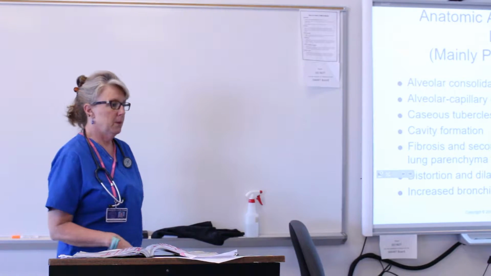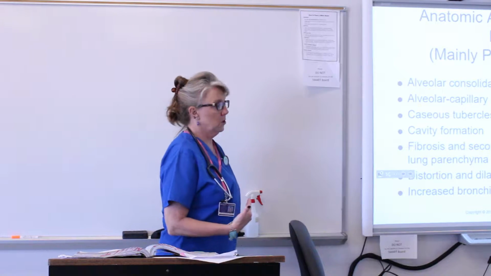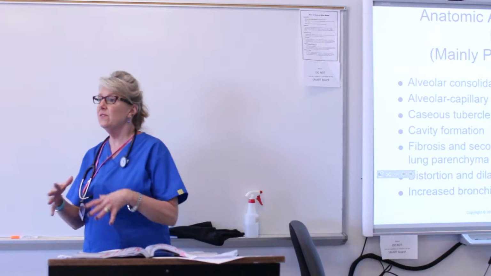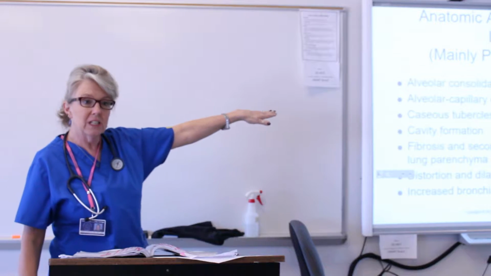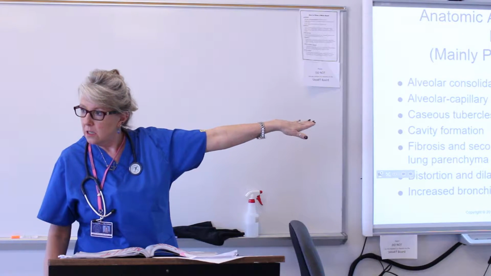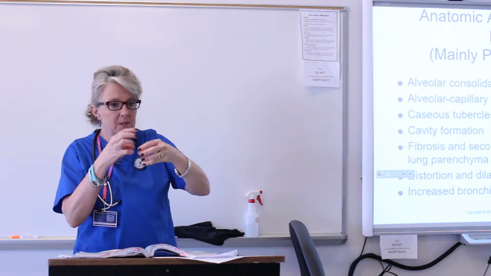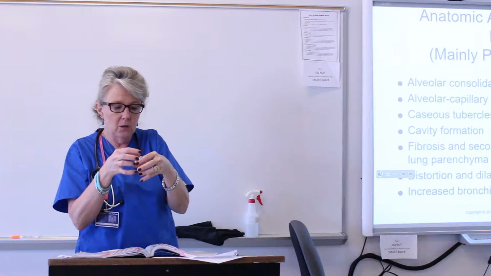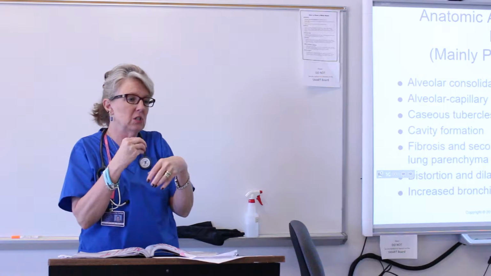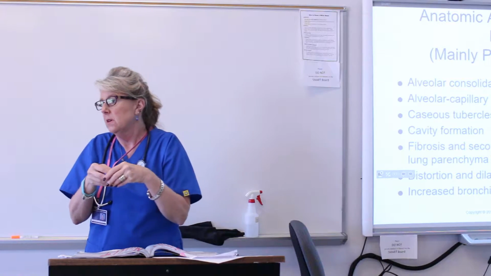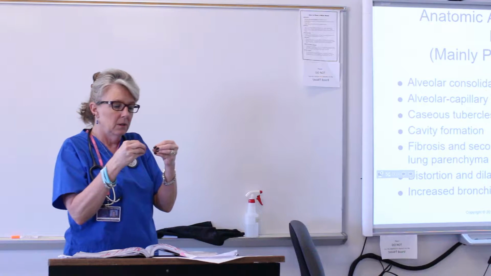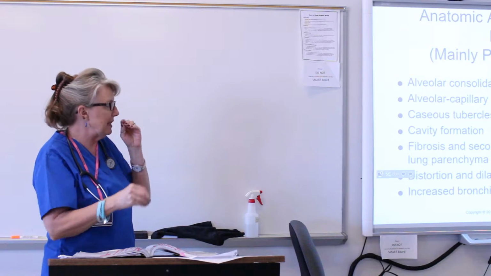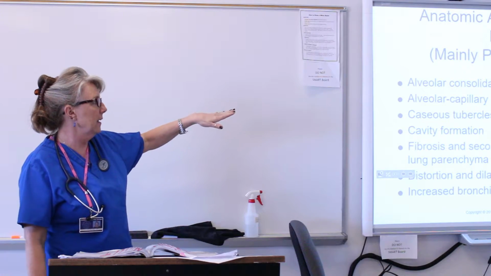So this is what happens when a patient has tuberculosis that is infectious, that is not sealed off, that is causing problems. Alveolar consolidation, cellular debris, macrophages, old white blood cells. Different things are going to get trapped in the alveoli and consolidate.